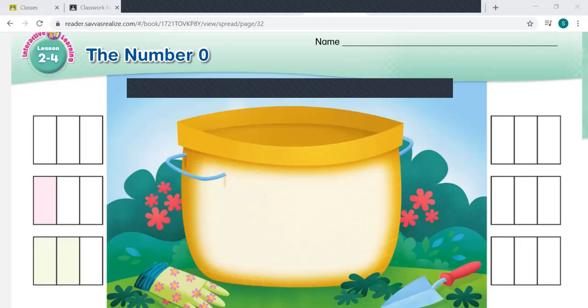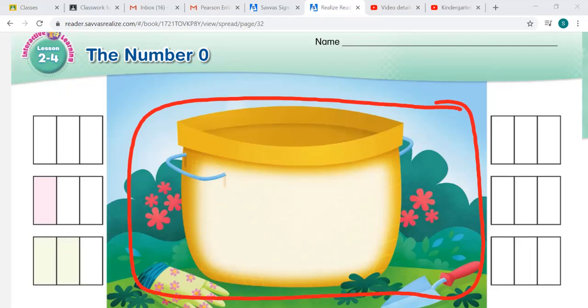Okay, now we are going to look at this picture. It looks like a garden, right? You see the garden gloves, and then you have garden tools down here.